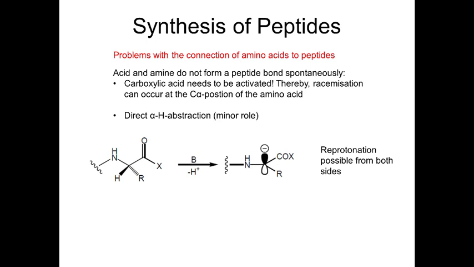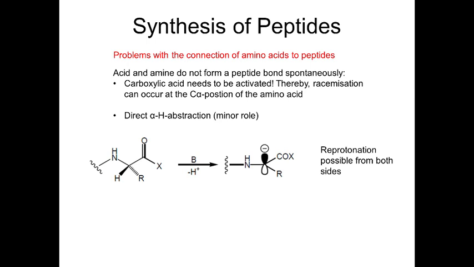On the next slide, we see the mechanism of racemization that is usually valid for activated and protected amino acids. The second possibility is shown here in the scheme. In this case, direct alpha hydrogen abstraction is mentioned.